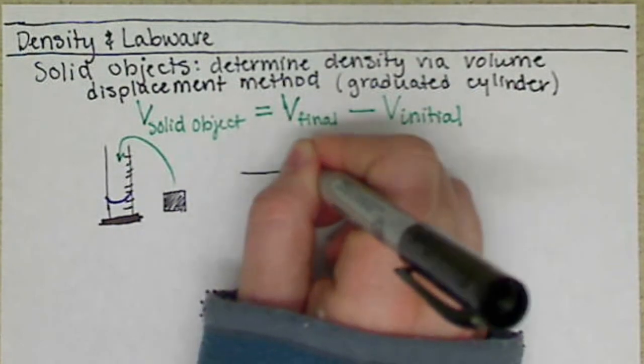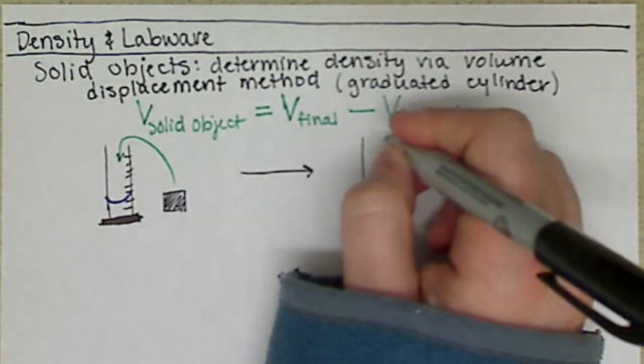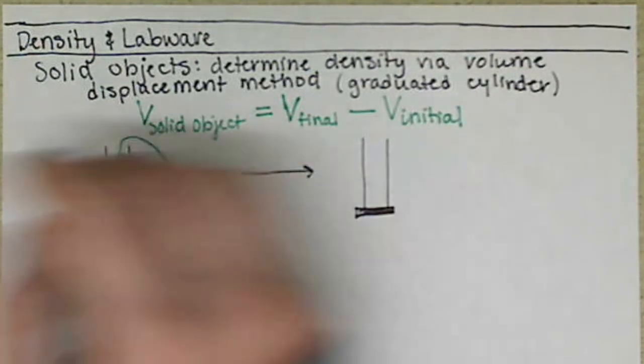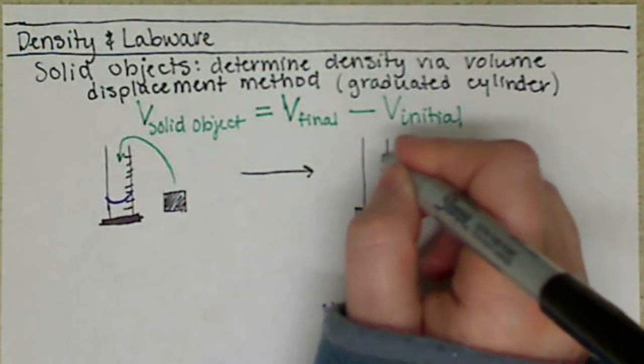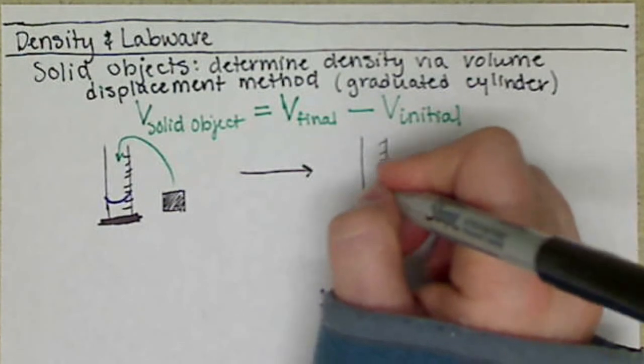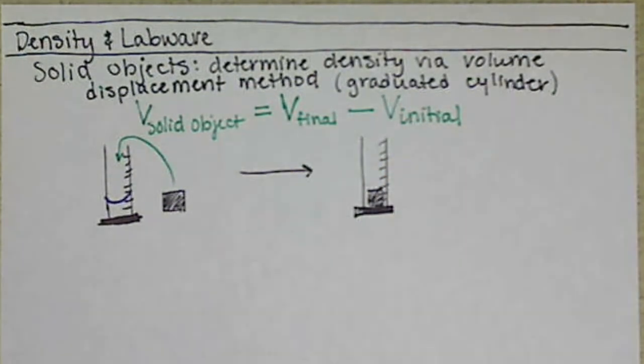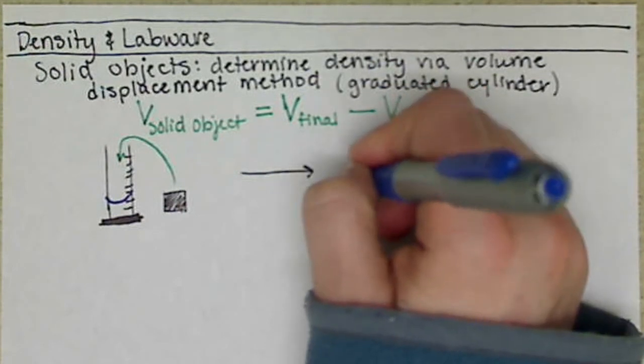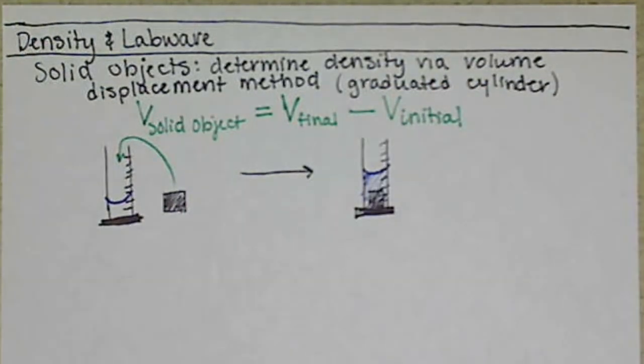That object is going to occupy some space in that graduated cylinder, so it's going to displace some of our water. So there's our solid object in there. So the volume of our water or liquid is going to increase.